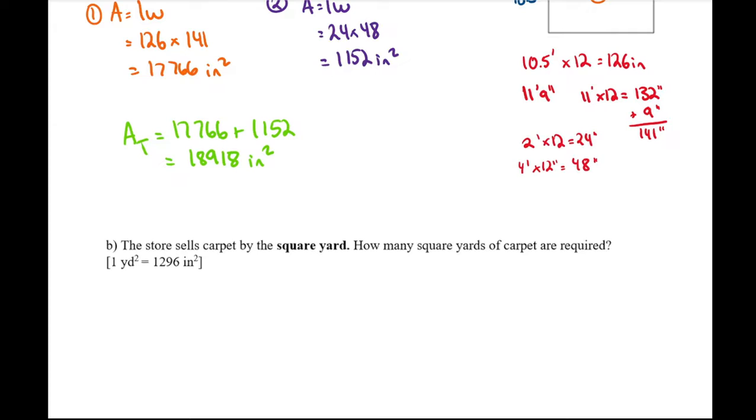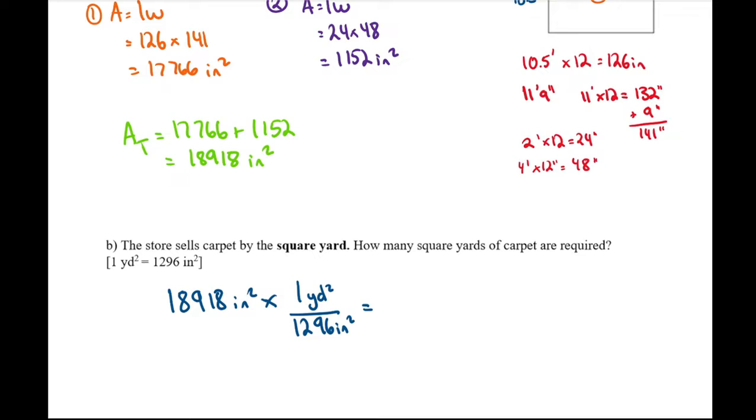So I want to figure out how many square yards I have, so I'm going to start with the units I have. In this case, 18,918 inches squared. I'm going to multiply that by my unit rate with the units I want on top, which is 1 yard squared, divided by the units I have, 1,296 inches squared.